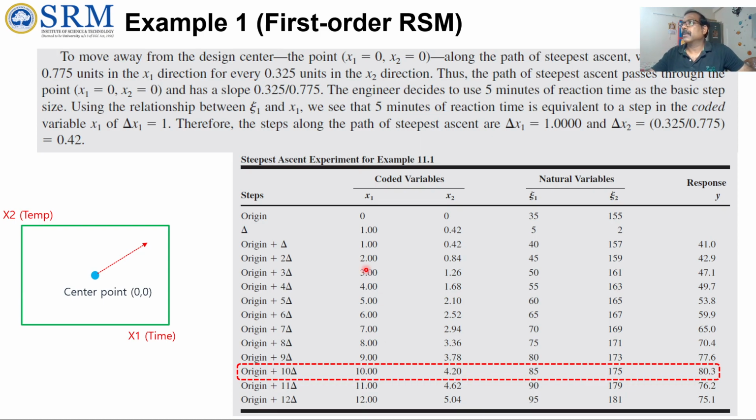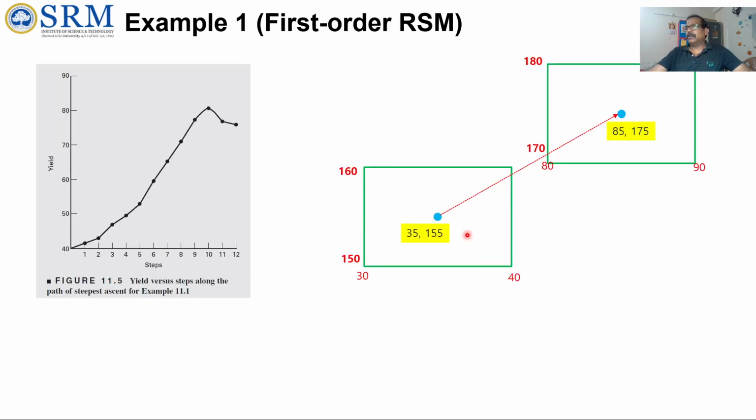Each step, 1 2 3 4 5, up to here it is getting increased, and after this it started decreasing. In the graphical view also, from the current operating condition to the next operating condition, it stopped. So what should be done again?